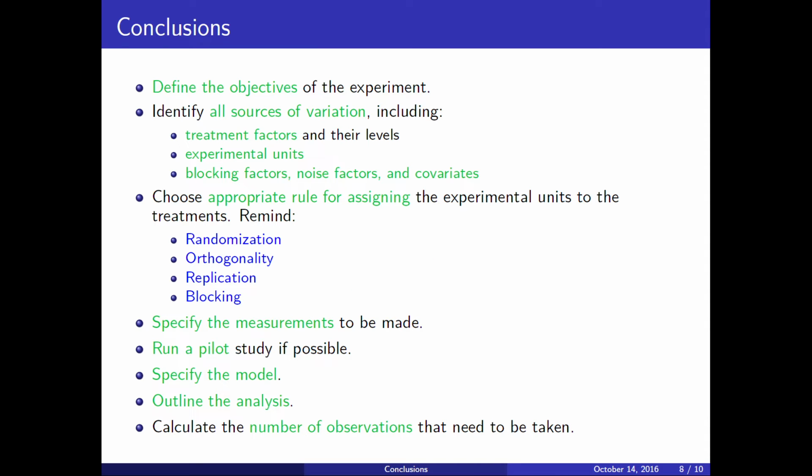And in general, what we can say is that you should define the objectives of your experiment: I want to do an experiment to measure this. You should identify all sources of variation, and some of them will be coming from the treatment factors, which are the ones that you are really interested in, and their interactions. Some of them will be coming from the experimental units, these are the residuals, and some others will be coming from other variables you are not interested in but you have identified, so blocks, noise factors, covariates.